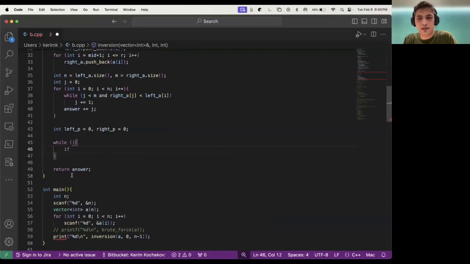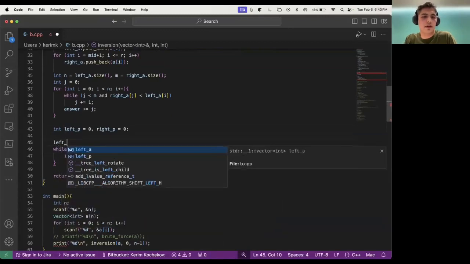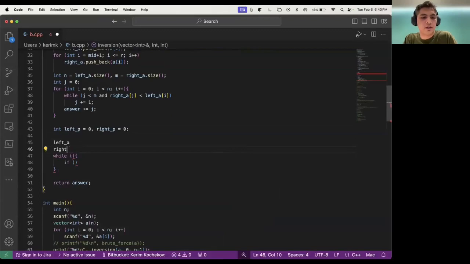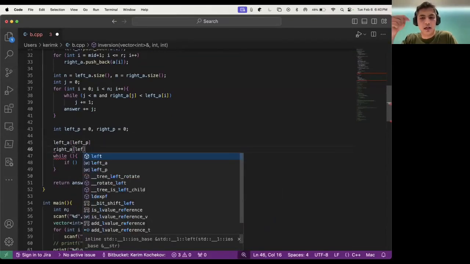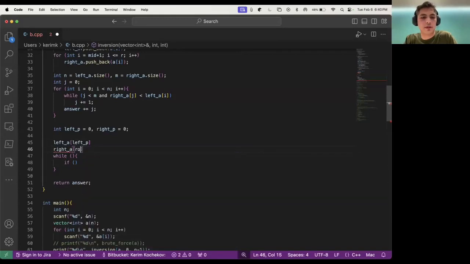Here, as you might remember from the second lecture, we have two arrays, left A and right A. So currently, left P would be showing the current element that we need to process. We have a right P. At the beginning, both of them are 0. So both of them show the smallest elements in those sorted arrays.